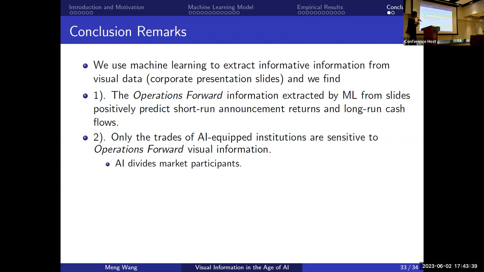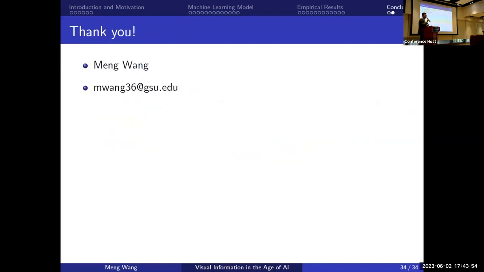Second, we find that only the trades of AI institutions are sensitive to operations forward visual information. So those are our main conclusions. Thank you so much for listening to my presentation. I'm looking forward to your comments.